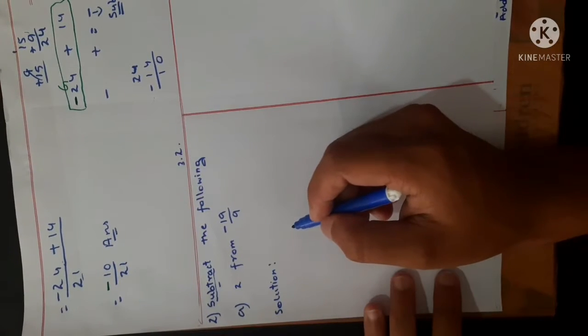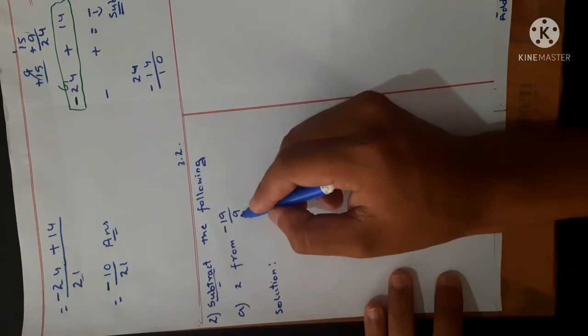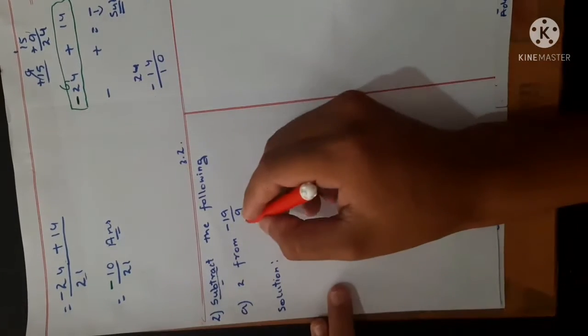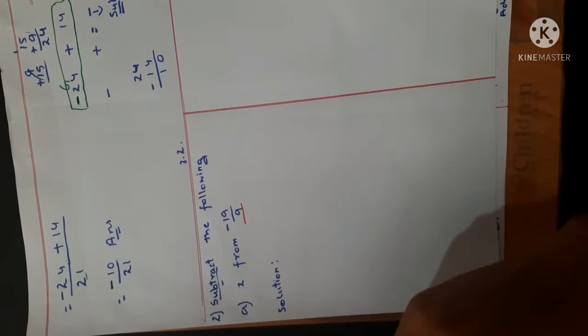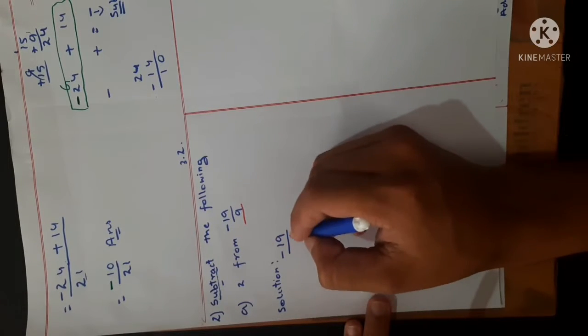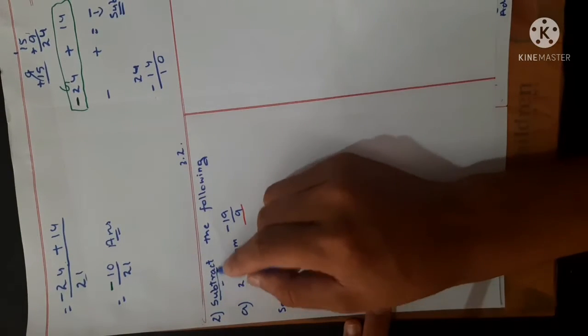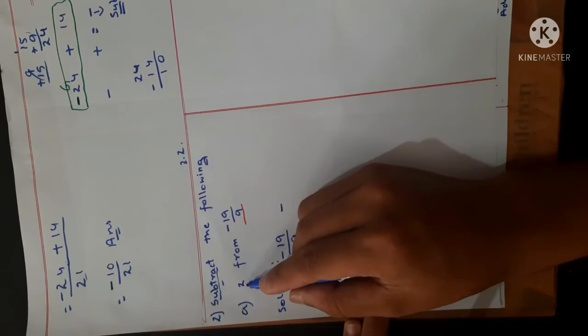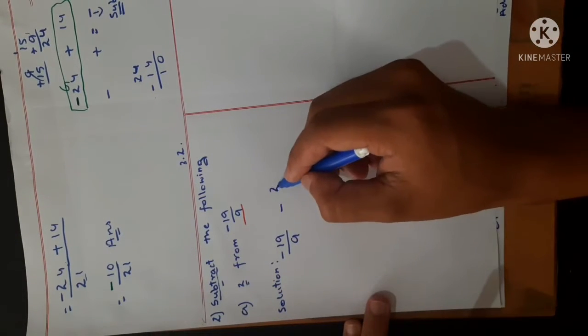So what we do here, we just write the second rational number first. We just write minus 19 by 9 first. Since we have to subtract, so minus 2.